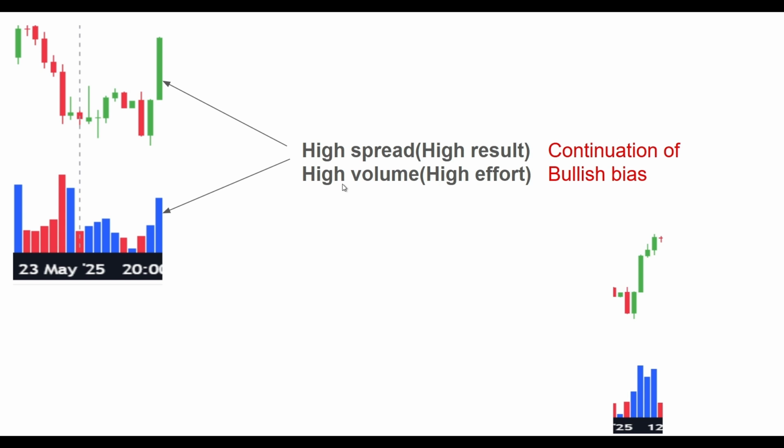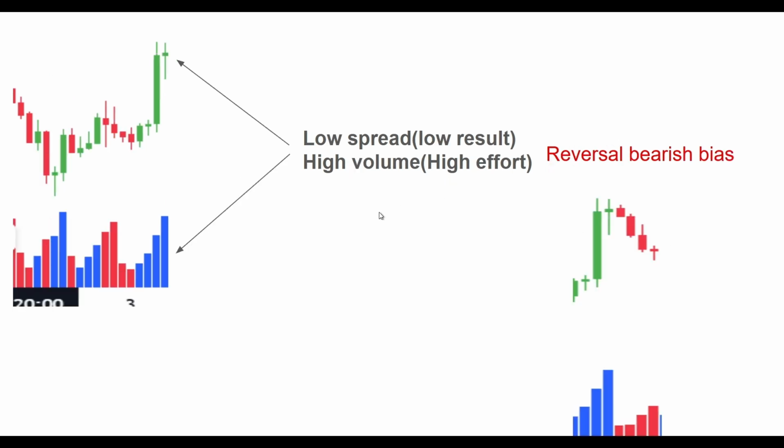When we talk about high volume, we usually mean that volume also contains a high effort, and that high effort produced a high result.